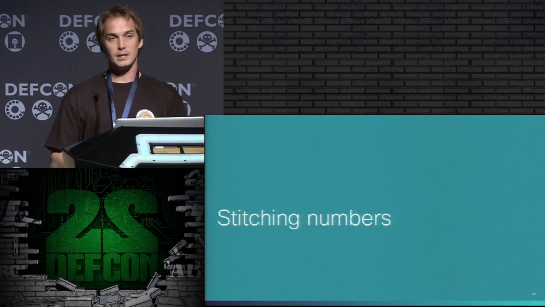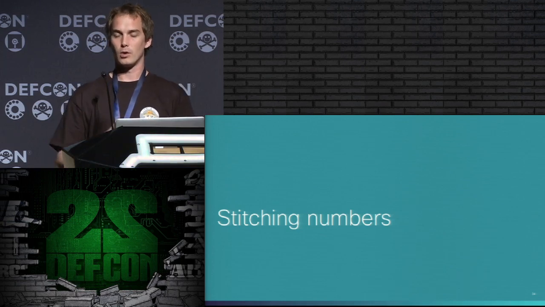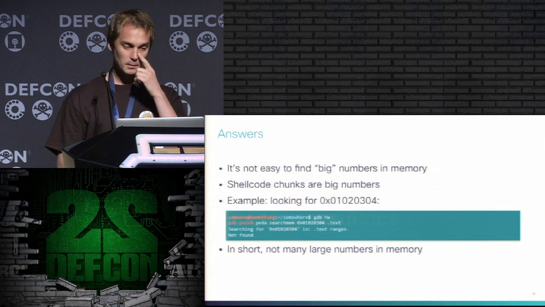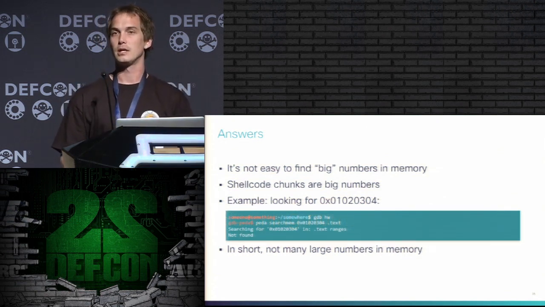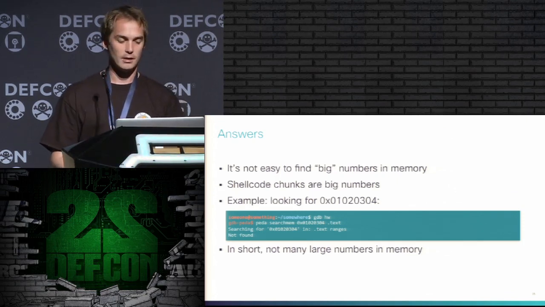So the next part is, all right, I've got that value. Well, I'm hoping for that value to be in memory, but it's not. What can I do, and how can I build it? The answer is that it's not very easy to find big numbers in memory. They're not there.